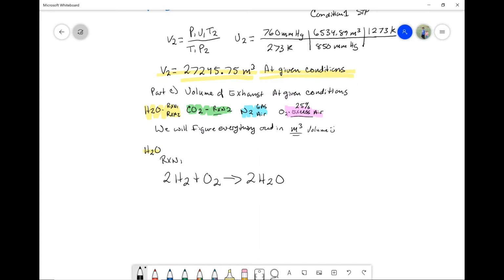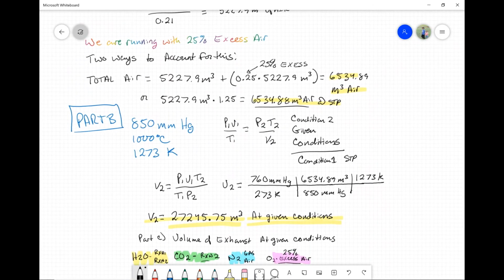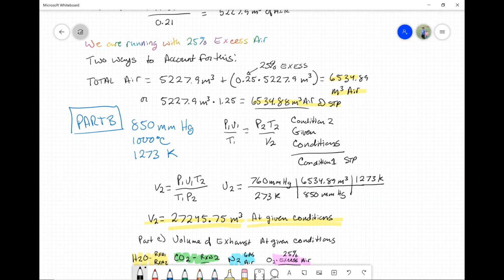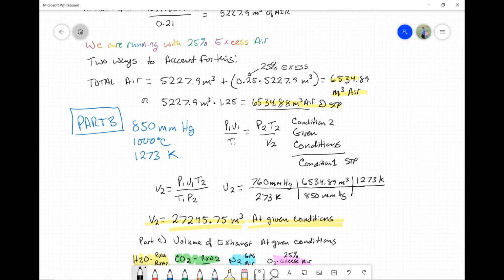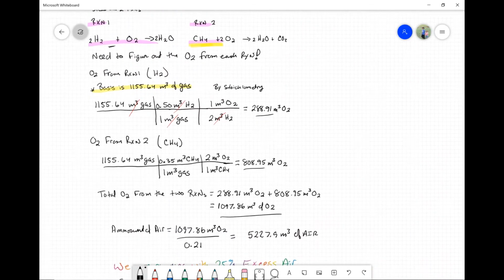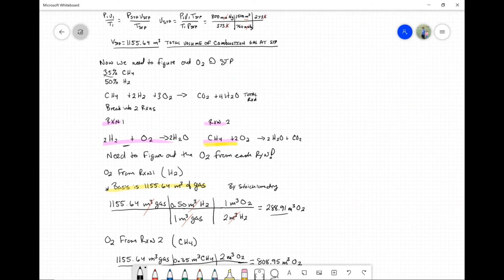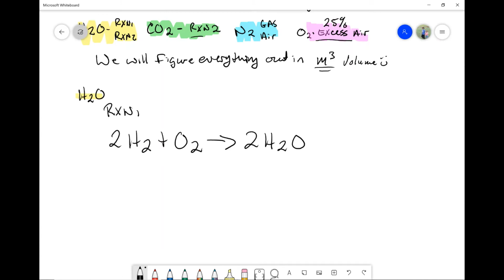Our basis can be whatever you want it to be. We can start with any of our answers, or we can start with what we said our original basis was at STP. And so we said our basis was 1155.64 cubic meters of combustion gas.